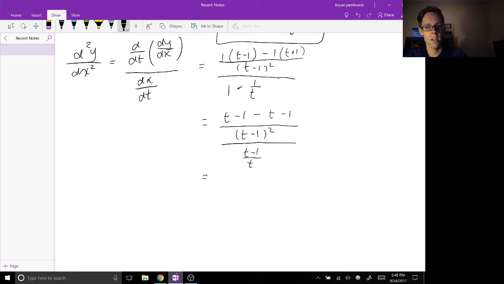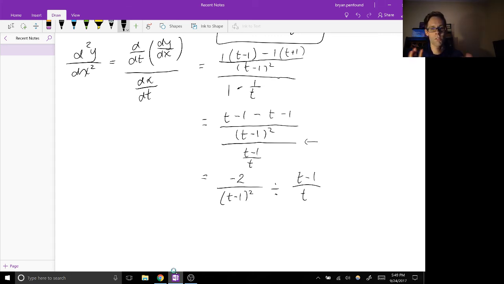Okay, so up here looks like we're going to have t subtract t to give me 0. So I'm going to have negative 2 over t minus 1 squared. And this is all divided by t minus 1 over t.